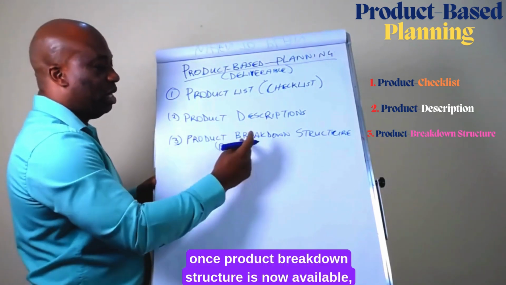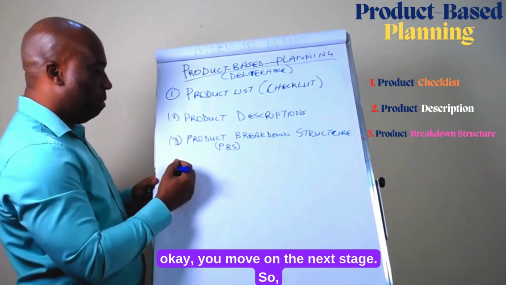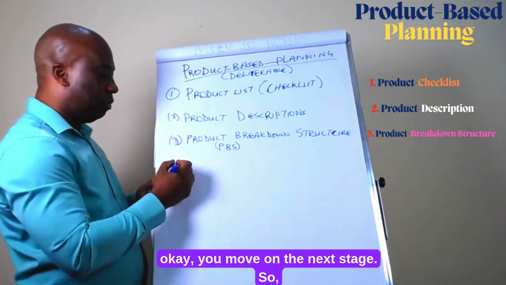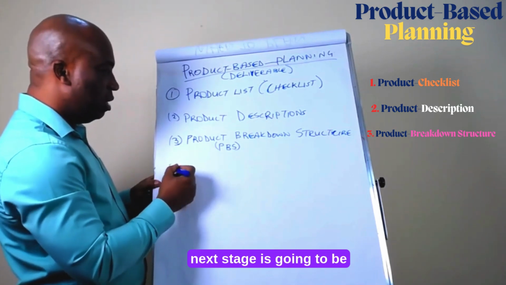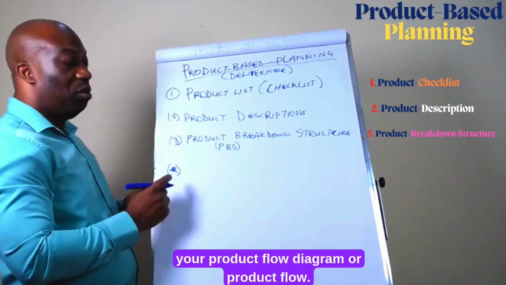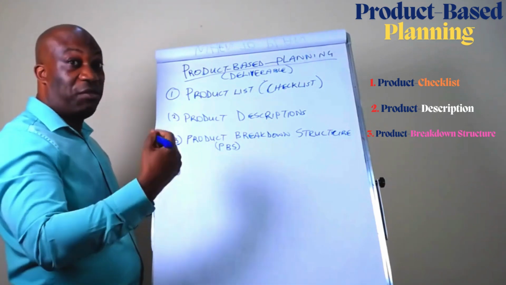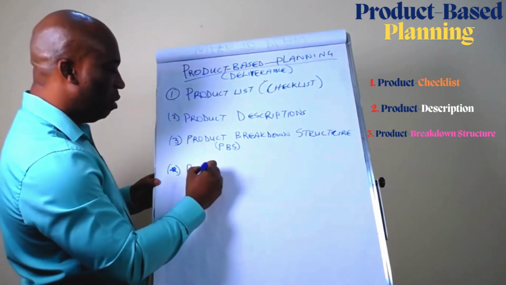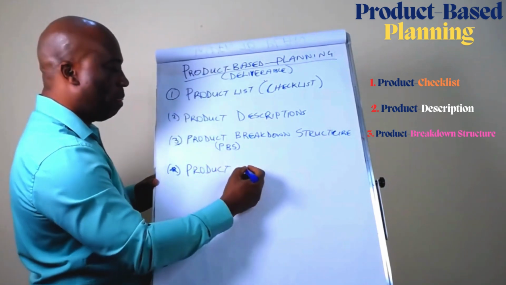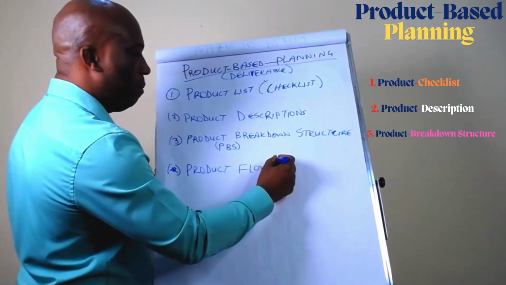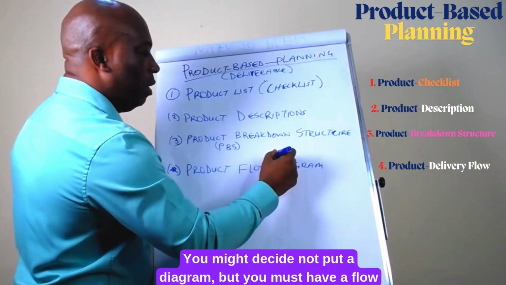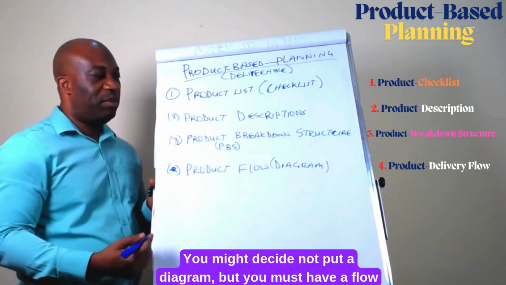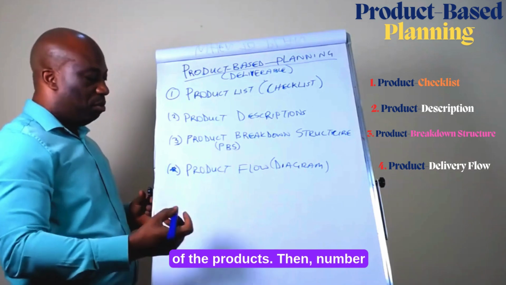So once your product breakdown structure is now available, you move on to the next stage. So the next stage is going to be your product flow diagram or product flow. You might decide not to put a diagram, but you must have a flow, the products.